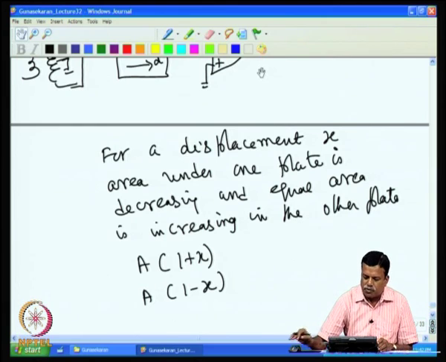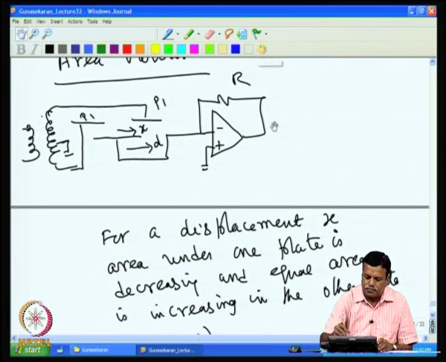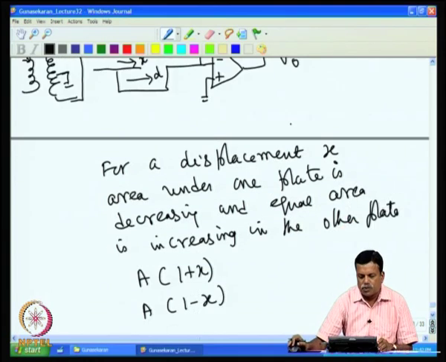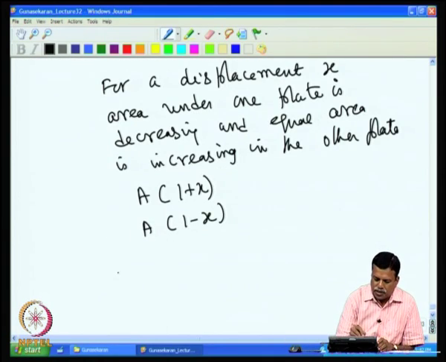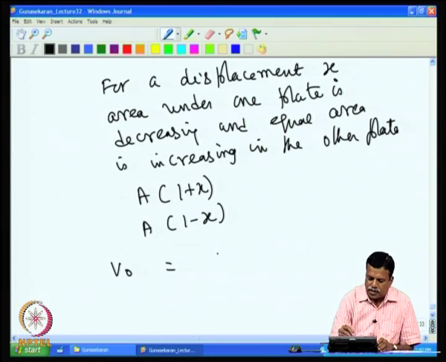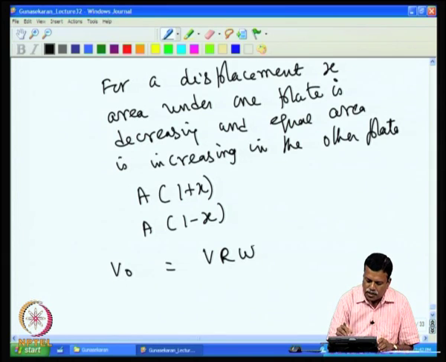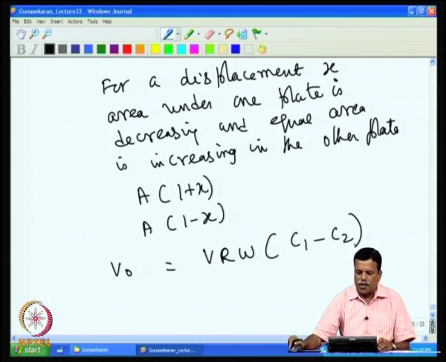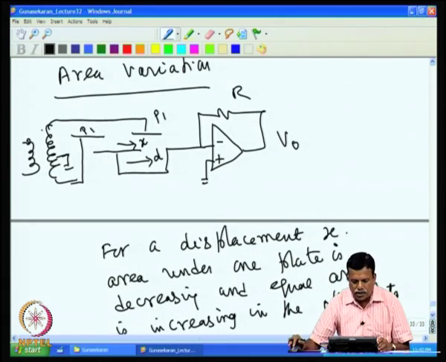So, if we see the output voltage V naught here, that will be the resultant of this. It will be V R omega into C1 minus C2, which is what you will get as output. It is similar to the last equation, but the difference is in C1 minus C2.